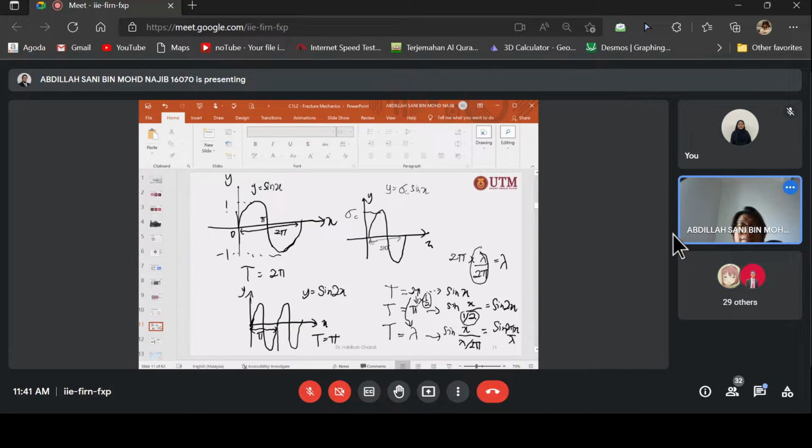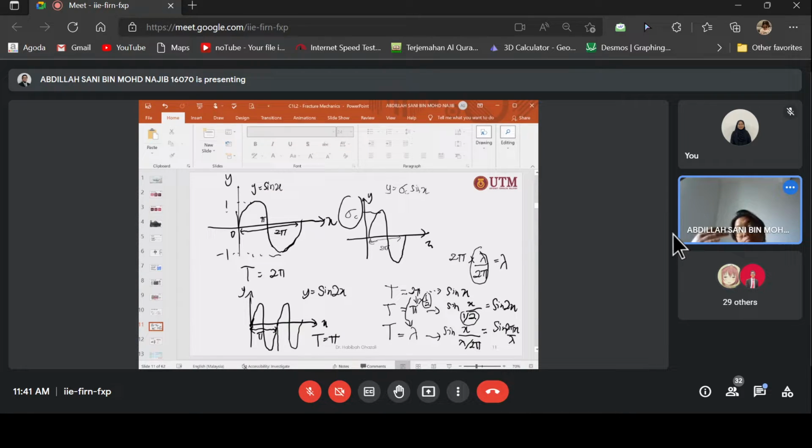So here, what I'm showing you is, on top of this, I want to multiply the amplitude to this value.